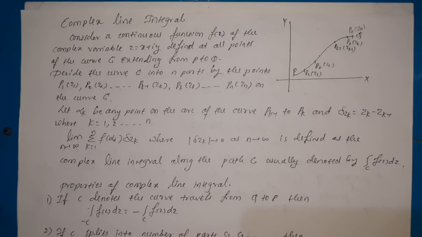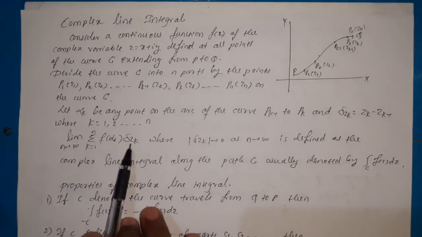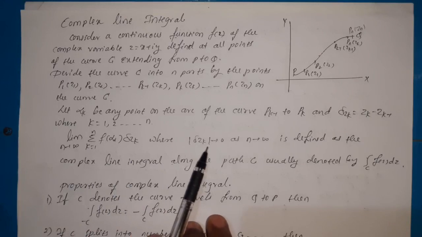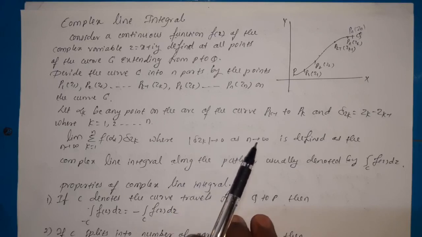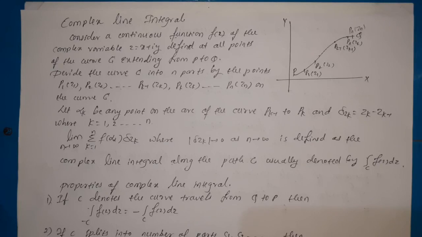Here also it is the same: we are considering the limit as n tends to infinity of the summation over k equal to 1 to n of f of alpha k delta zk. Here the magnitude of delta zk tends to 0 as n tends to infinity, which means that whenever we divide PQ into infinite parts, the distance between two consecutive points will be very small, tending to 0.